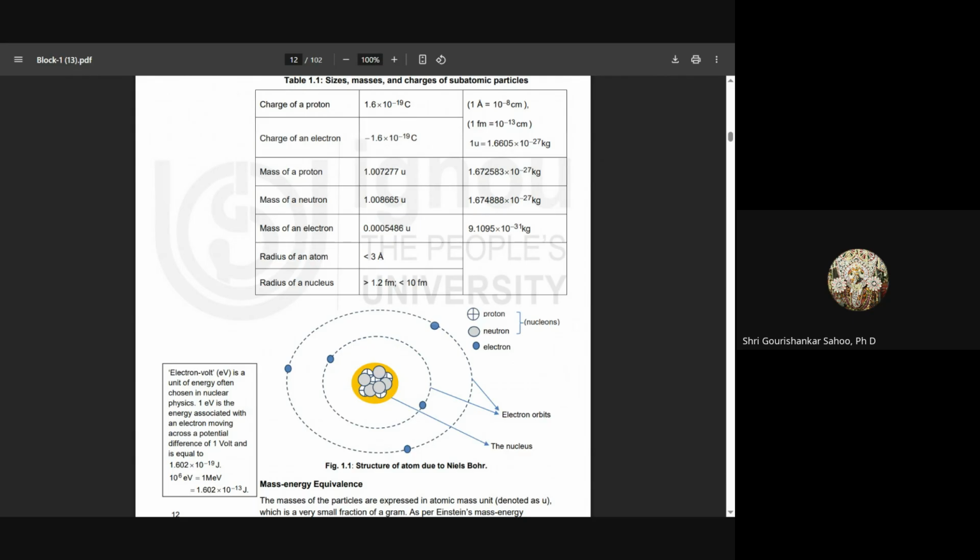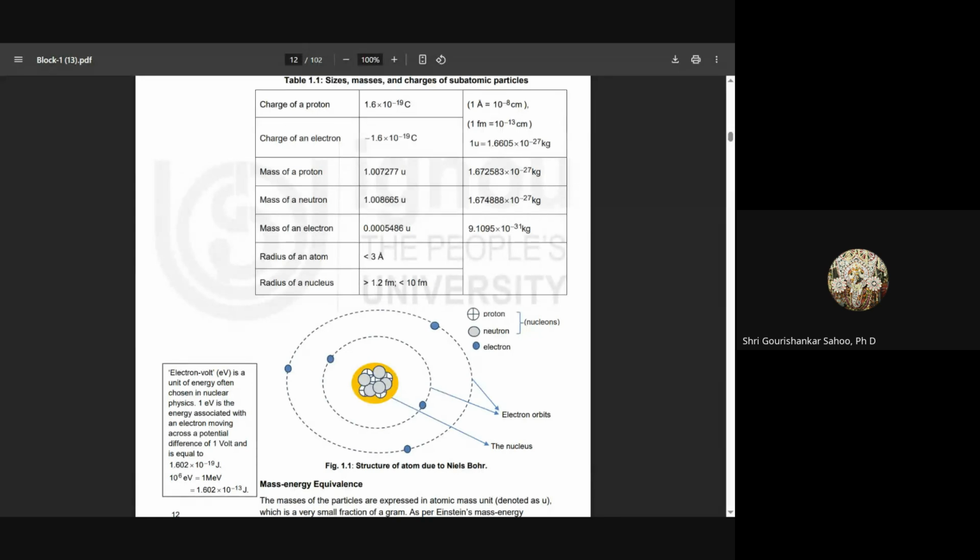The mass of the proton is 1.672583 into 10 to the minus 27 kg, and it can be expressed in atomic mass unit, and it is around 1, and the neutron mass is also around 1. So the mass of the proton is 1.00727 atomic mass unit, and that of the neutron is 1.00865 atomic mass unit, that is 1.674888 into 10 to the power minus 27 kg.